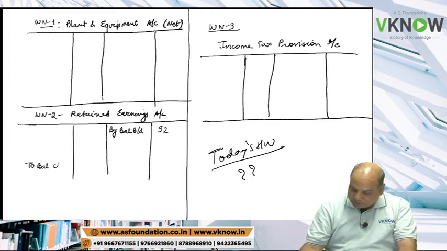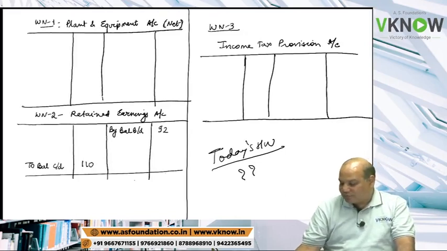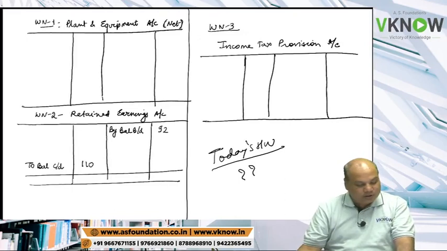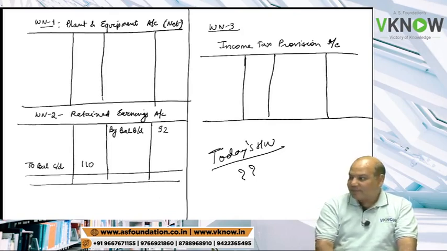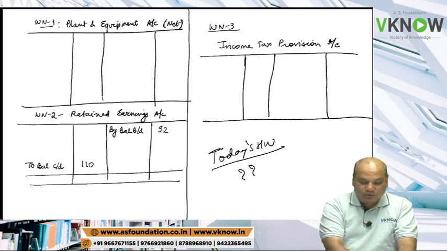Closing balance, to balance carried down, 110. Is this right? Have I written correctly or I have made some mistake? So the answer is this is right.